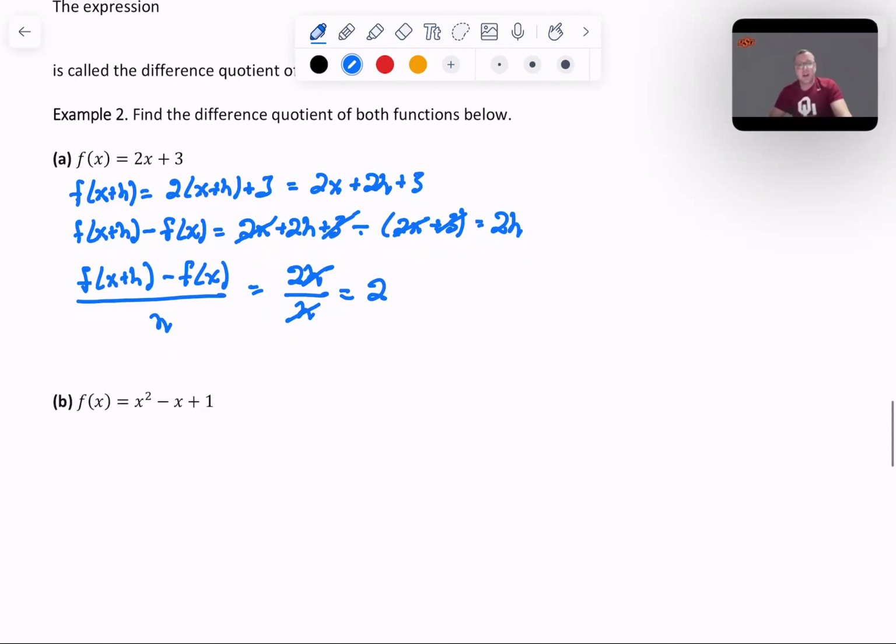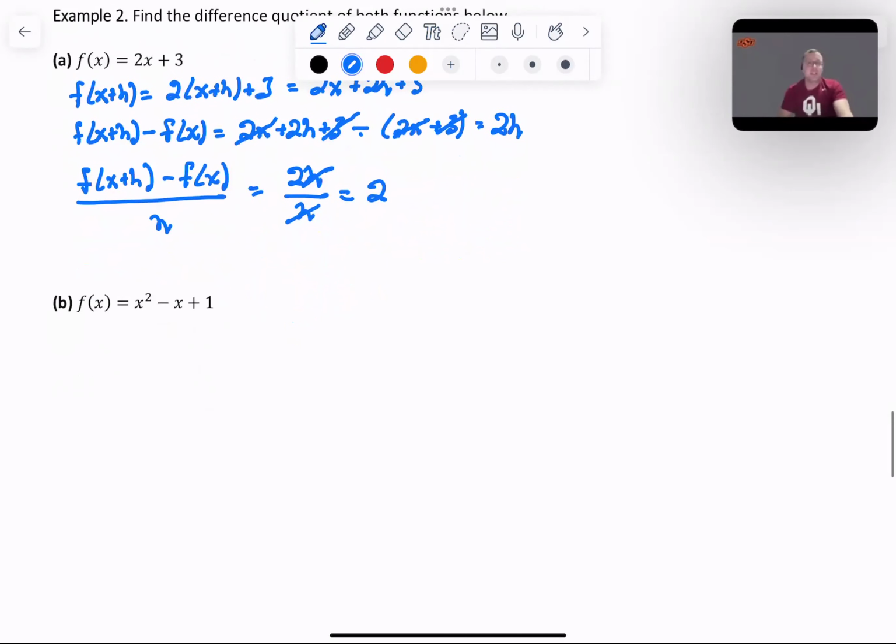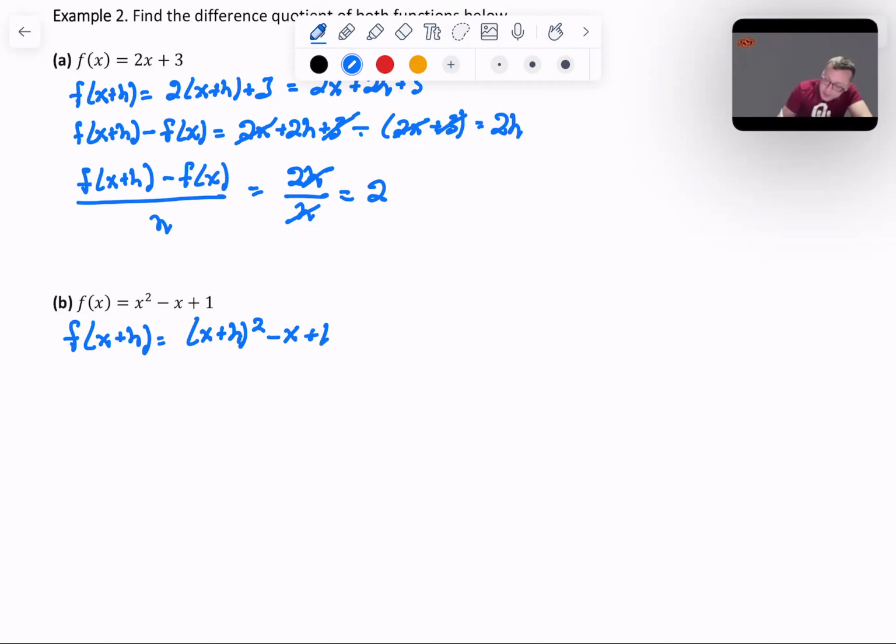So now I'm going to go over this last one here, and then I'll leave y'all with the class activity, and we'll complete or go back over that on Tuesday. So let's start again here with f of x plus h. So f of x plus h is (x plus h) squared minus (x plus h) plus 1.